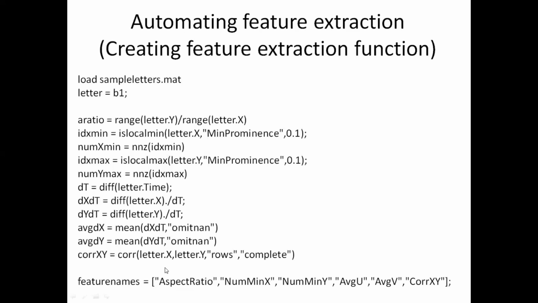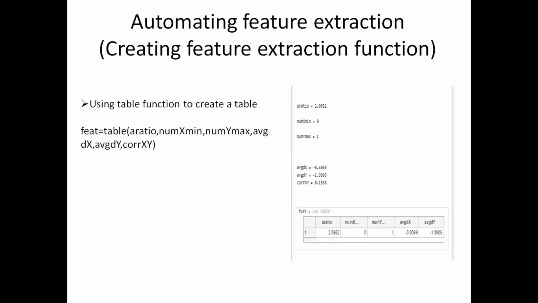Now, whatever features we are extracting, we want to put them in a table format. We do not want them just as different variables and values. We want to put them in a tabular format, so we will use the table function. This table function will take whatever values you want to put in the table, and the variable names of those values are included here.